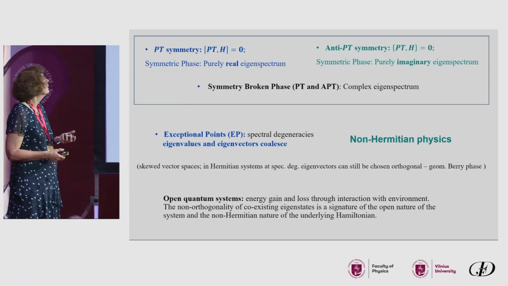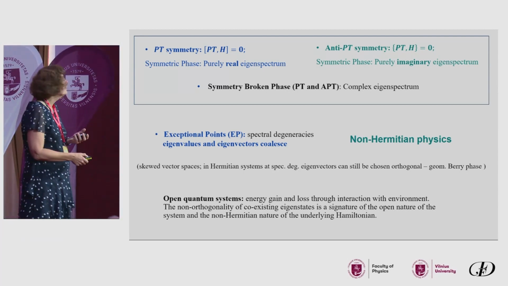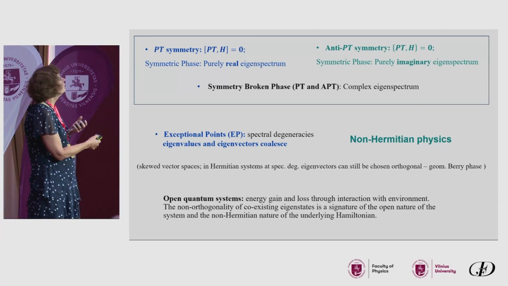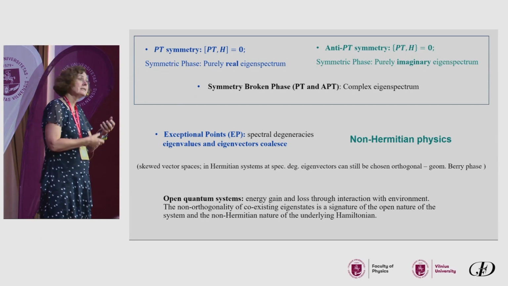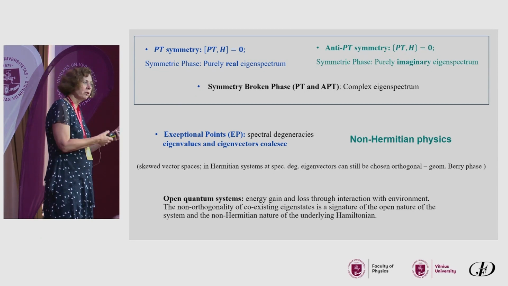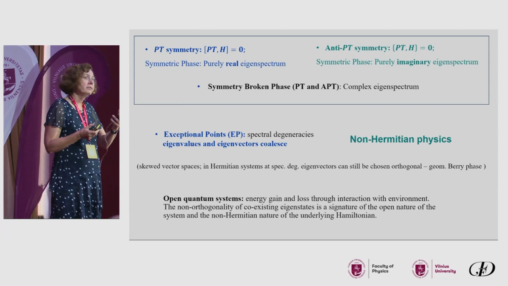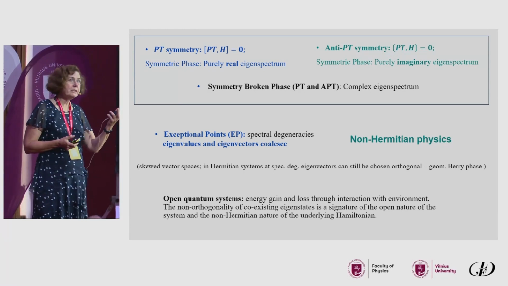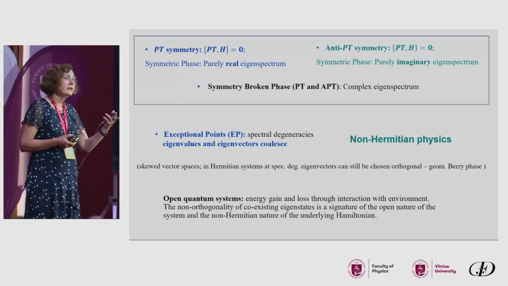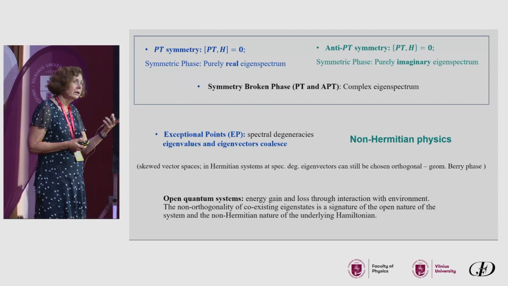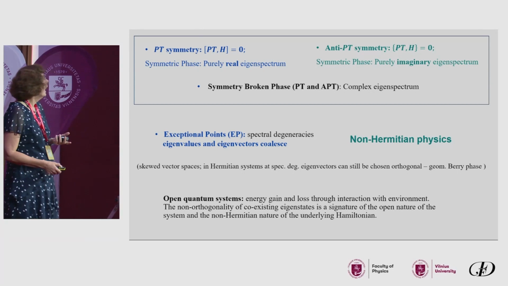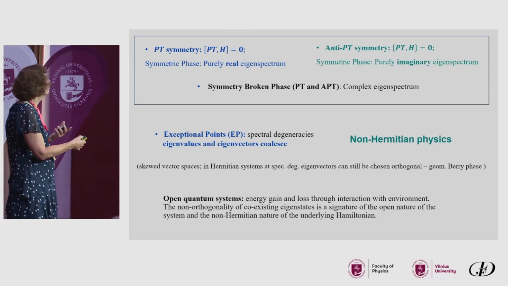And now, kind of a warning about a bad name: there is also a symmetry-broken phase, which is also a symmetric phase, despite the name "broken symmetry." So basically, we speak here about two possible phases, PT symmetry and anti-PT symmetry, and the symmetry-broken phases of PT and anti-PT. And it has these exceptional points.